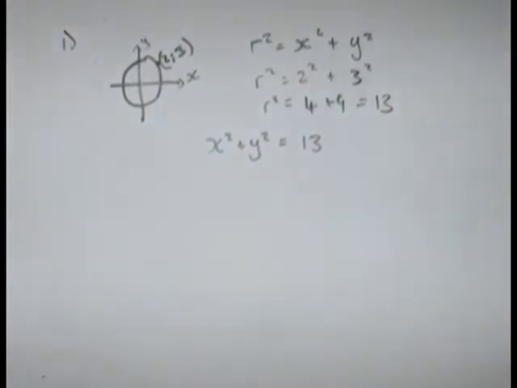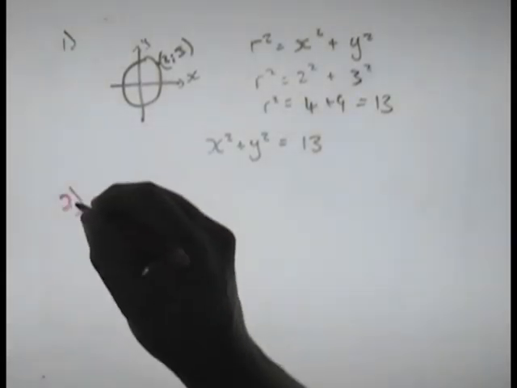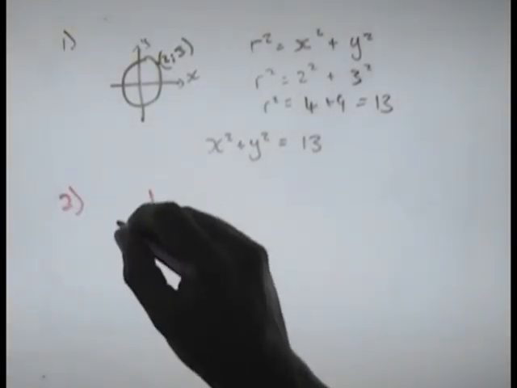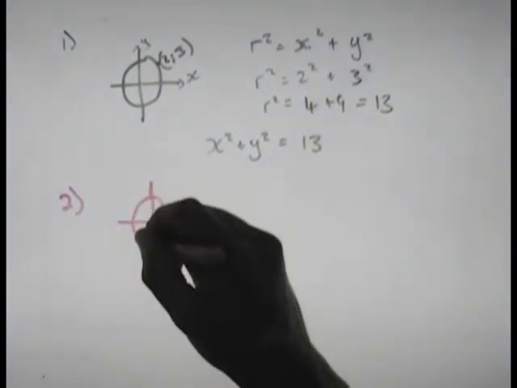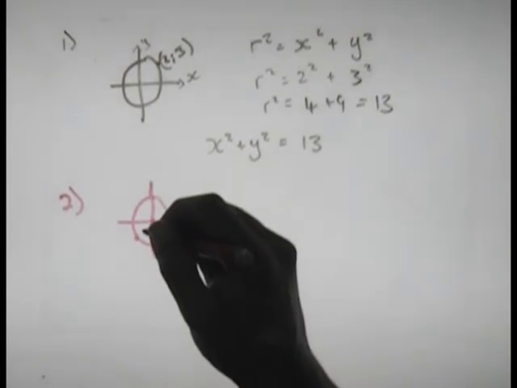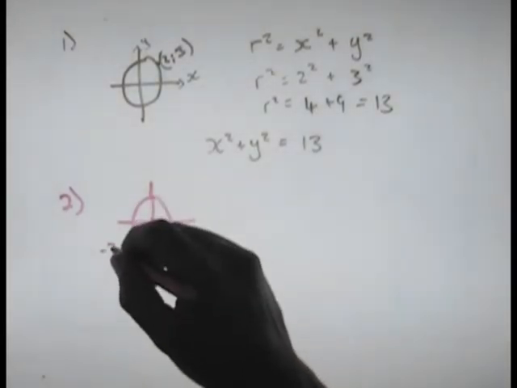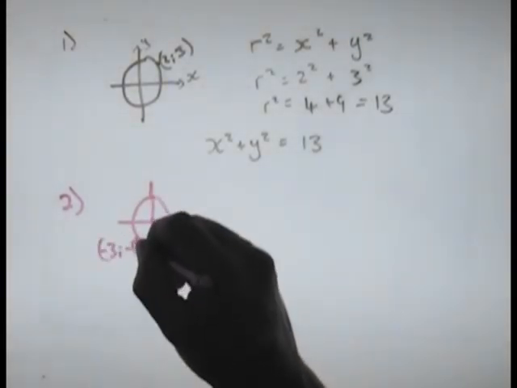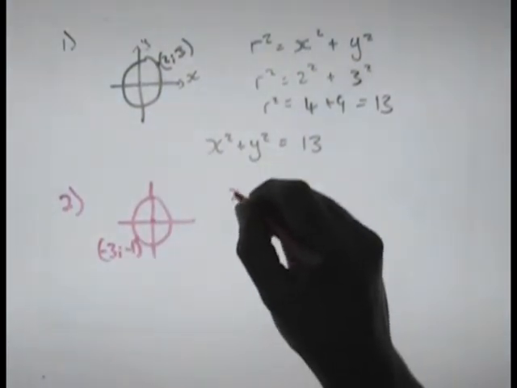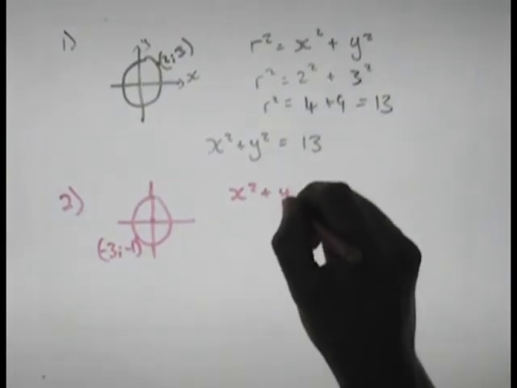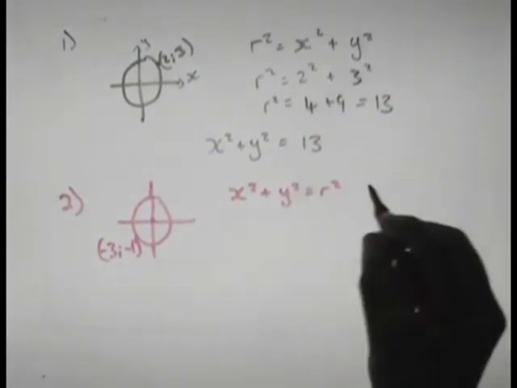The next one I gave you to do, number 2, had a circle also centered around the origin, but had the coordinates -3, -1 on it. Again, because it's around the origin, we're going to say x squared plus y squared is equal to r squared.